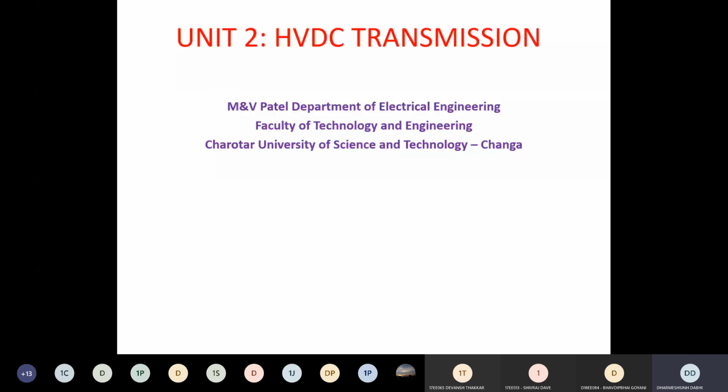So V1 is maybe the sending end side voltage, and V2 is the receiving end side voltage. X is nothing but the line reactance. Delta is nothing but the angle difference between two buses.